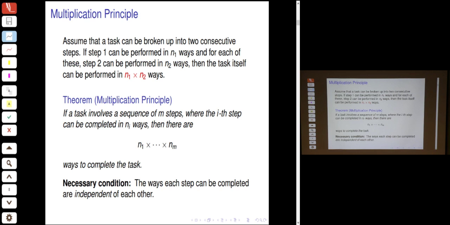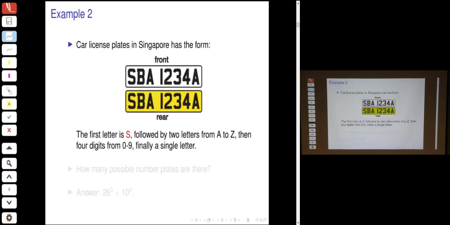The choices have to be independent. You cannot say, once I choose this coat, I must wear this hat. If you have that restriction, then you have to count in a different way. But usually we won't see this. Anyway, let's apply it to an example.